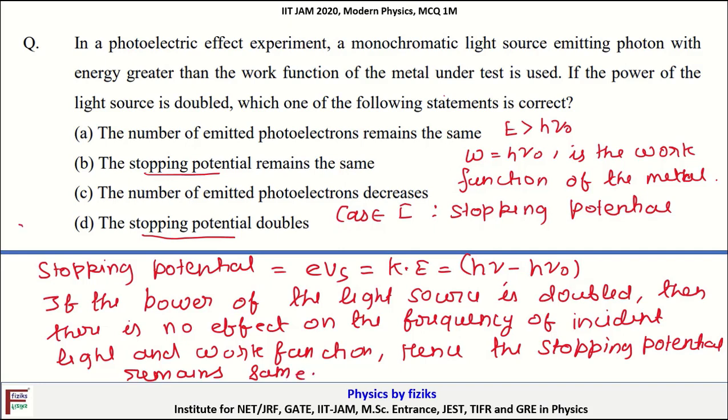Now, case 2, with regards to the number of electrons. Intensity I is related to the number of electrons.